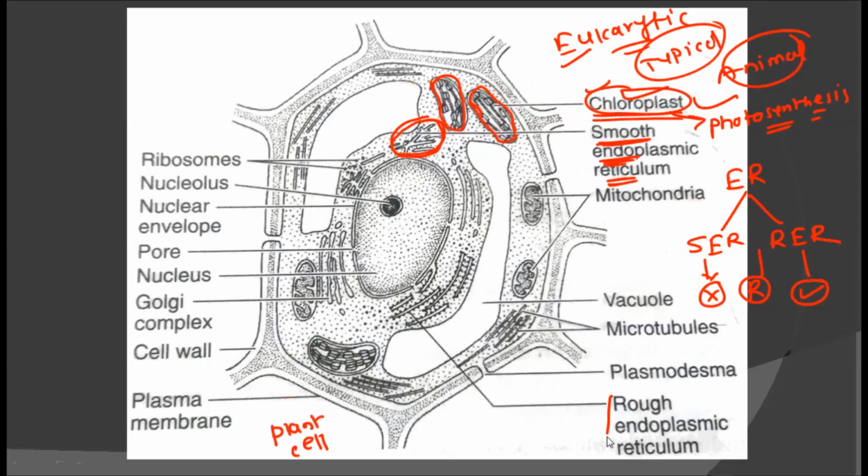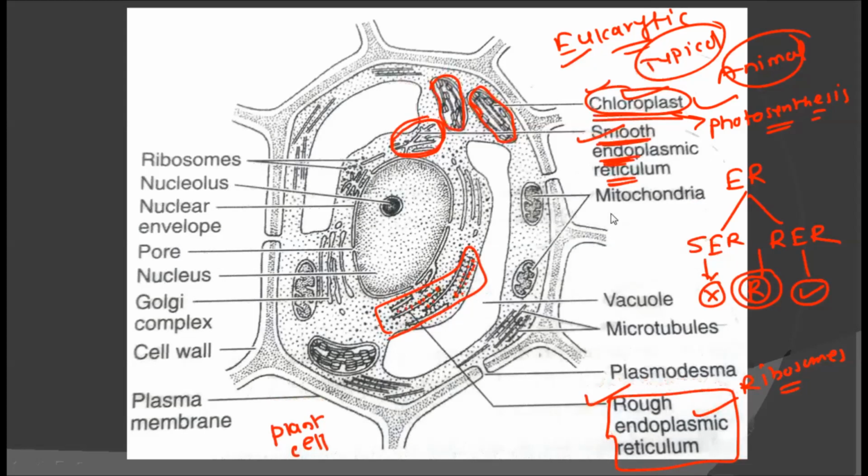On the other hand, you can see here, these are the rough endoplasmic reticulum. This rough endoplasmic reticulum has ribosomes on it. These are shown by the dotted structures on the endoplasmic reticulum. So due to the presence of ribosomes, these are called the rough endoplasmic reticulum. Alright. So the two types of endoplasmic reticulum are smooth endoplasmic reticulum and rough endoplasmic reticulum, depending upon whether the ribosomes are present on them or not.